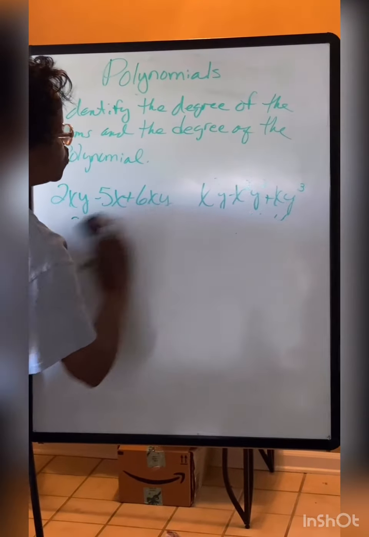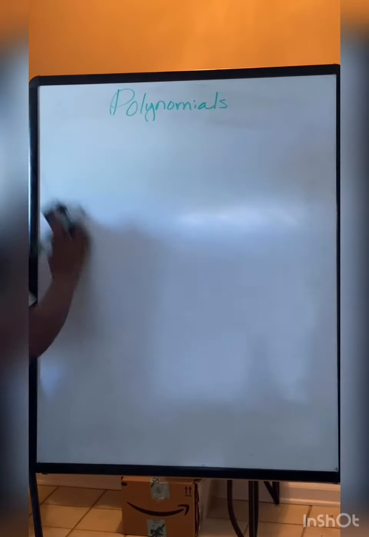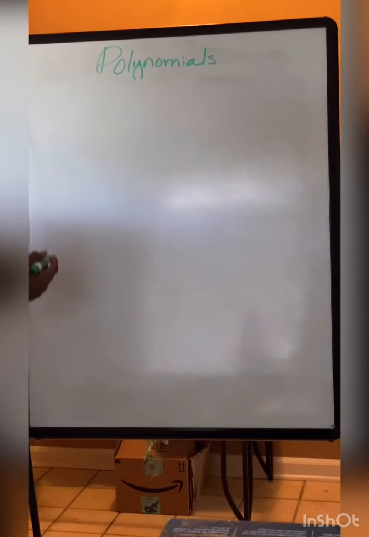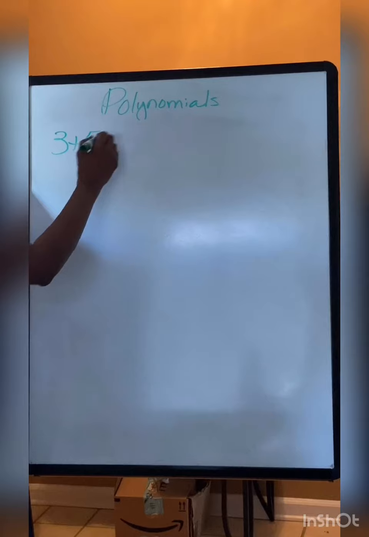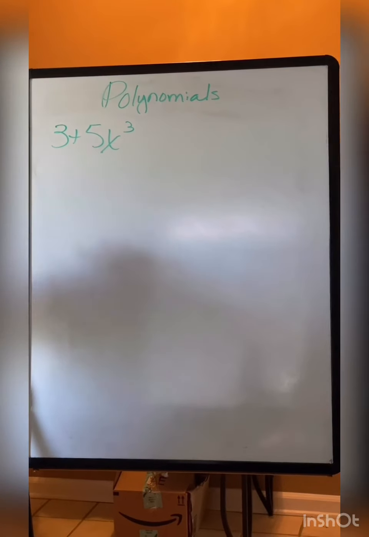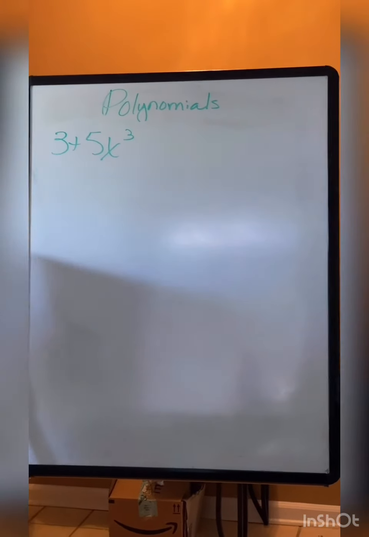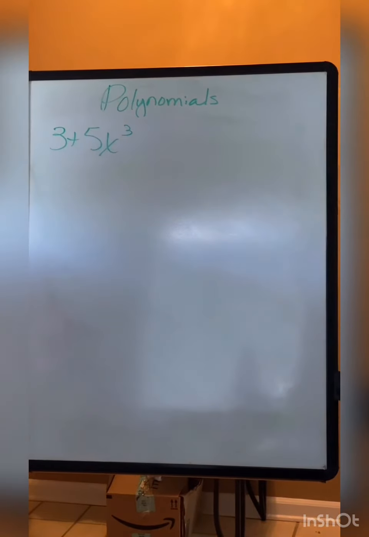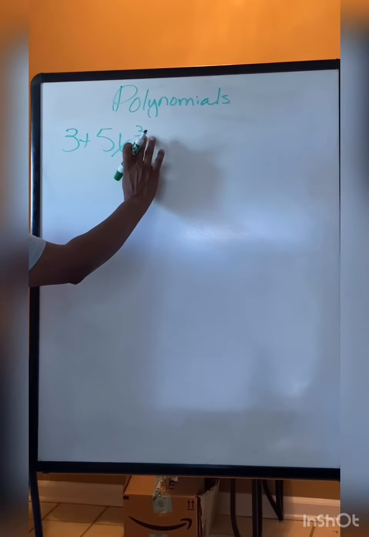And sometimes you will be asked to write polynomials in order with no missing terms, okay? So if I want to write this with descending powers with no missing terms, that means descending, that means you start with the greatest exponent.